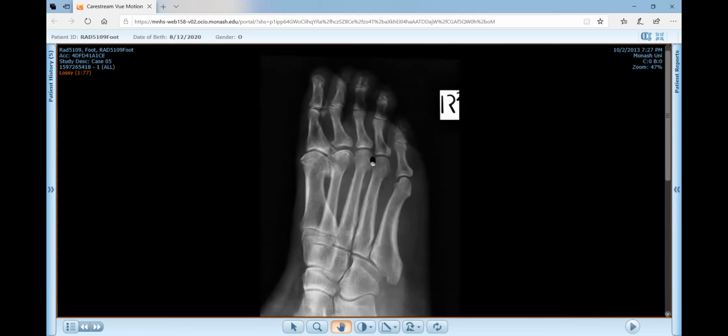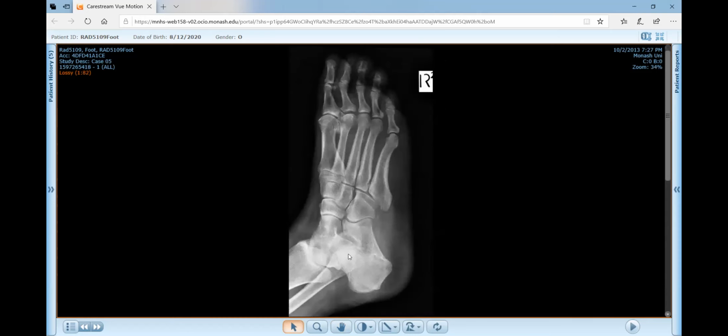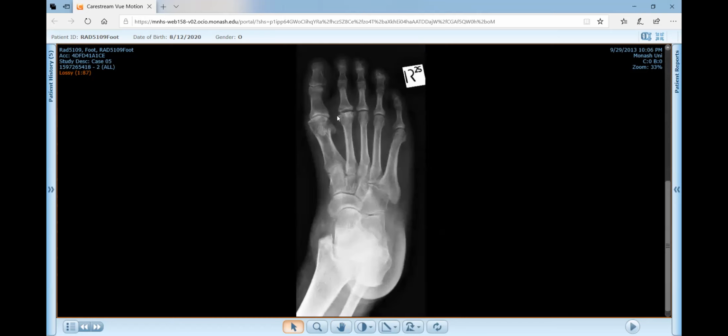But when you look at the well-rounded metatarsal heads of the third, you can see that there is some flattening of the second metatarsal. So it is the DP view that actually shows us best the Freiberg's infraction.